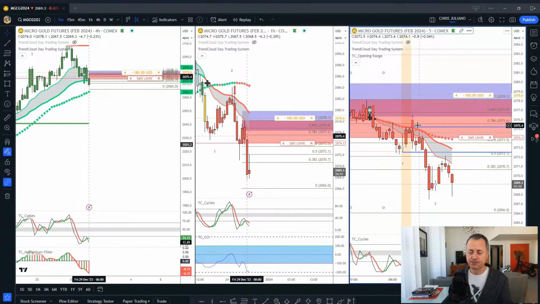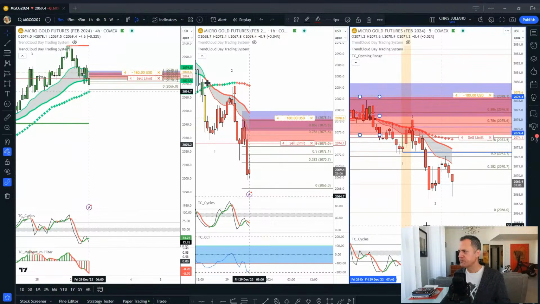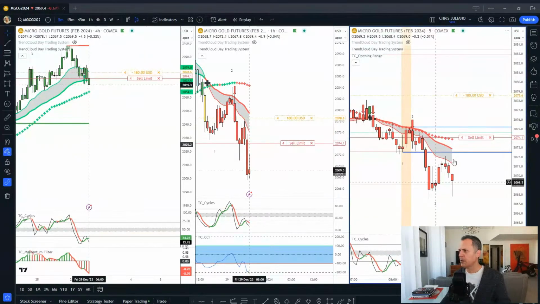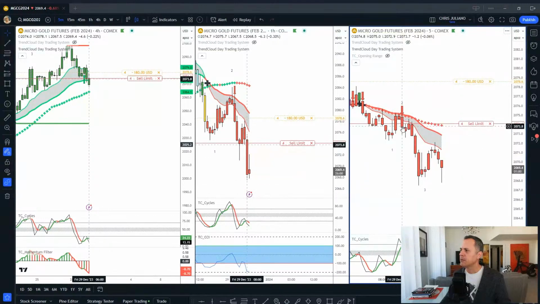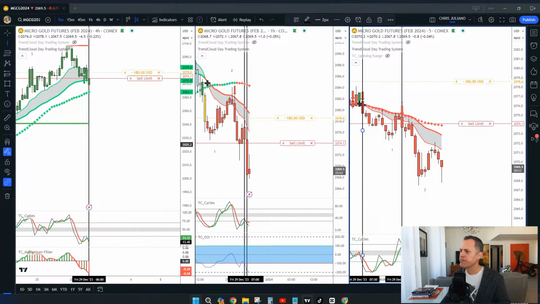Not 100%, but look at this. Whoops. All right, let's just clear the chart and keep it nice and neat, okay? Look at how this signal, I'm going to grab that vertical axis line right here and right here, okay?